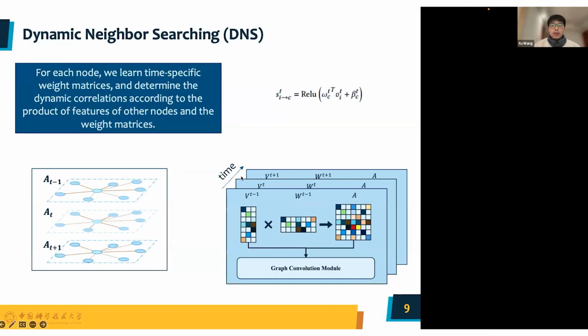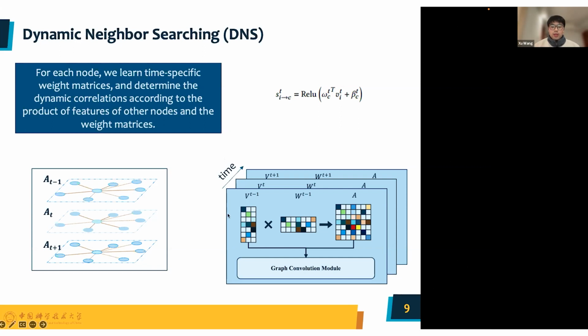To capture the dynamic dependencies among vertices, we propose a dynamic neighbor searching module to dynamically determine neighbors of each node. For each node, we learn time-specific weight matrices and determine the dynamic correlations according to the product of features of other nodes and the weight matrices.